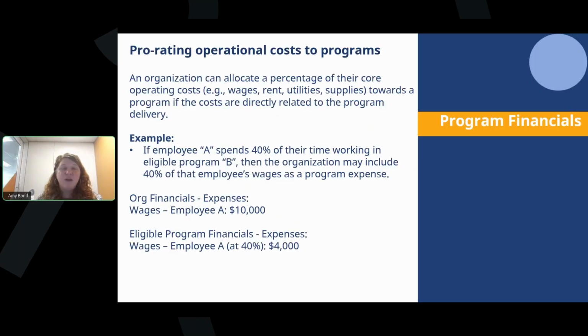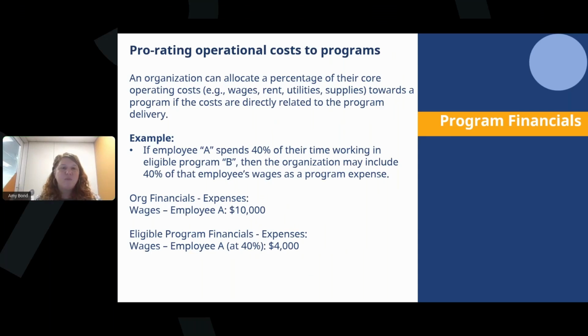All right, so prorating operational cost programs. So when you apply, you're looking, what are your program costs? When you're including this in your program financial information, you want to make sure that you also include operating costs that are incurred to deliver that program.